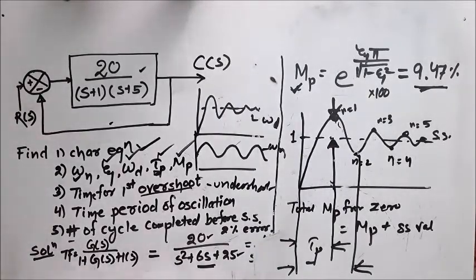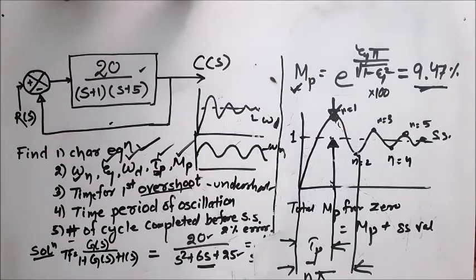The formula for overshoot and undershoot is pi by omega d. But what you need to do is multiply by n. So the overshoot or undershoot time formula now changes to n pi by omega d.